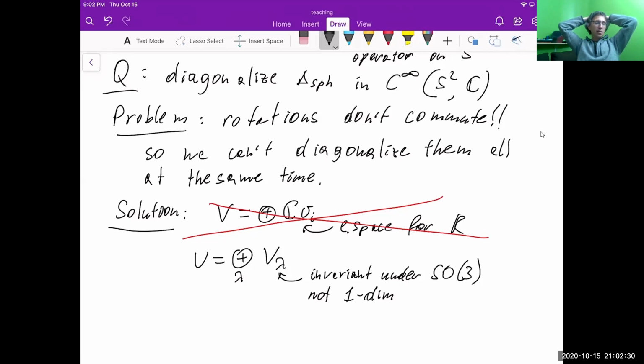And if you do complete the story and diagonalize the spherical Laplace operator, you find that its eigenvalues have multiplicities. That's exactly because the multiplicity comes from these smallest pieces appearing here.